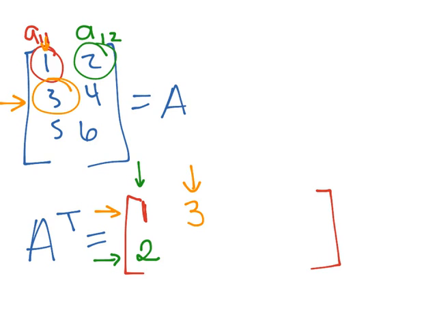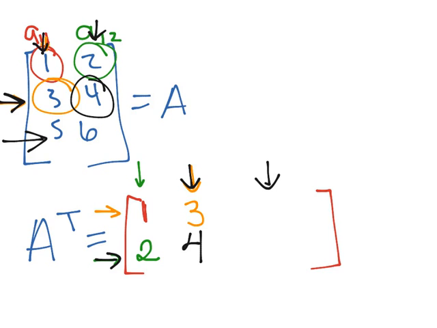Now the 4 is in our second row, so we'll put it in the second column, and it's in our second column, so we'll put it in the second row. So right here, 4. 5 is in the third row, so we will put it in the third column, and it's in the first column, so it's going to be in our first row. And the 6, same thing.